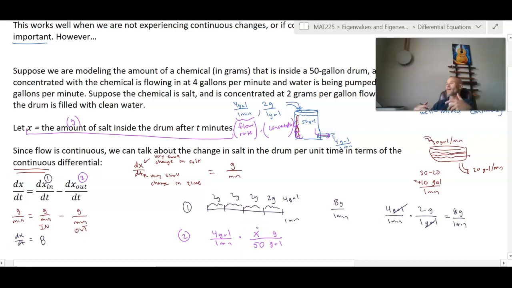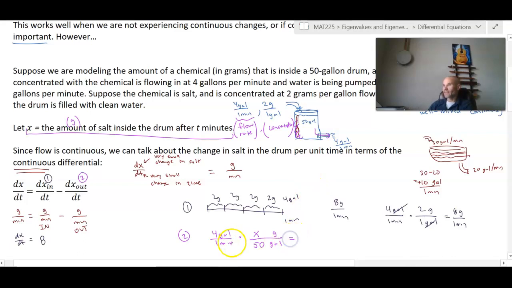It's going to be the number of grams inside the tank, which is x, divided by the number of gallons inside of that tank, which is 50. Okay, so x over 50 will be grams per gallon. Again, there are x grams in there, and they're well mixed within that 50 gallons. So every ounce of water that you pull out of there, we're assuming that it is equally concentrated.